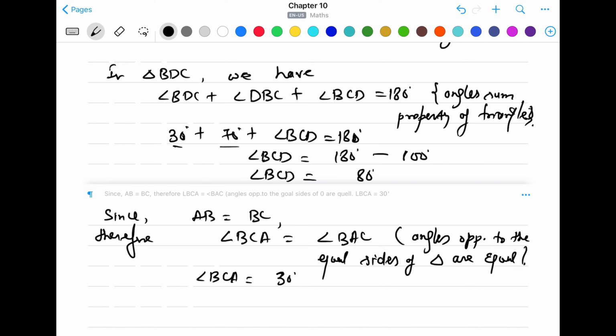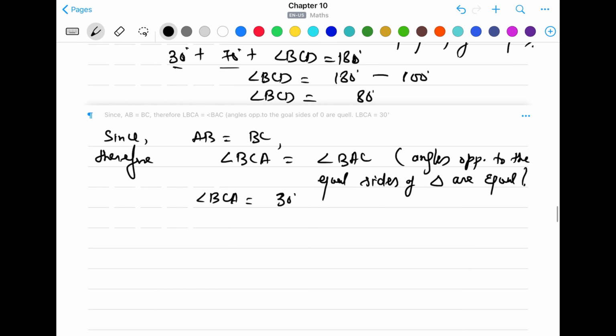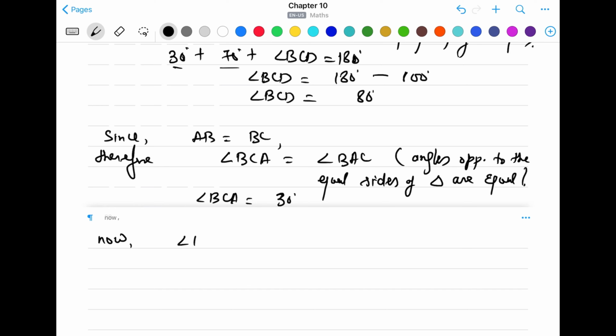Now angle ECD will be equal to angle BCD minus angle BCE. If we subtract BCE from BCD, we'll get angle ECD.